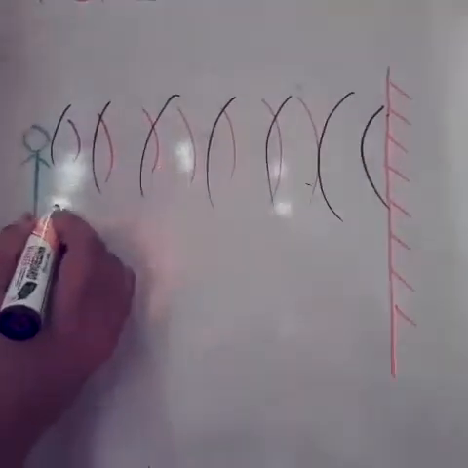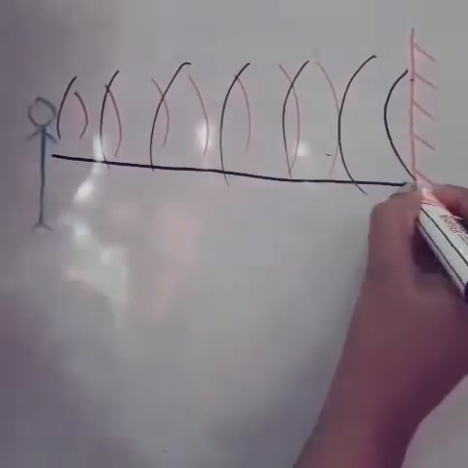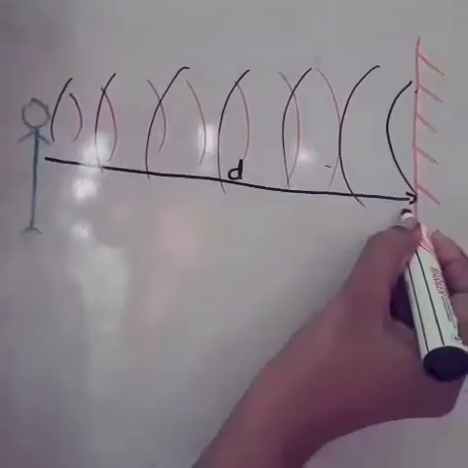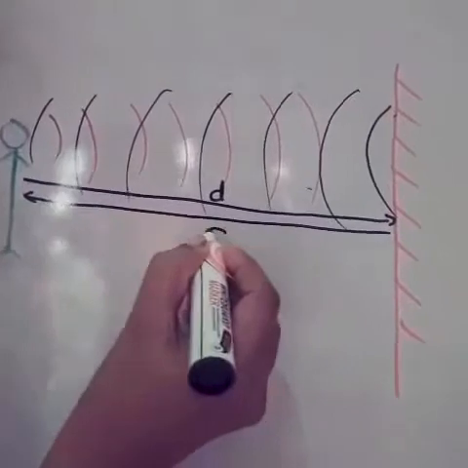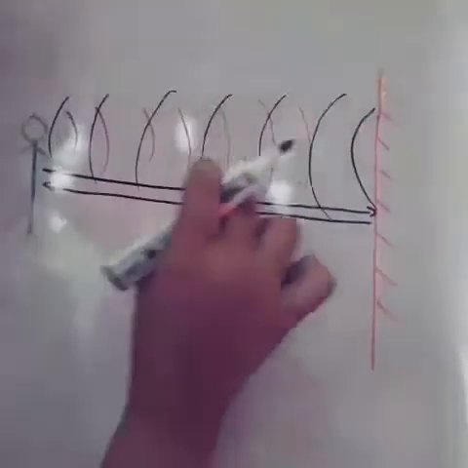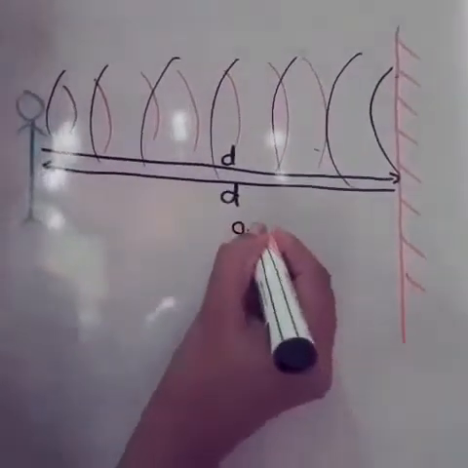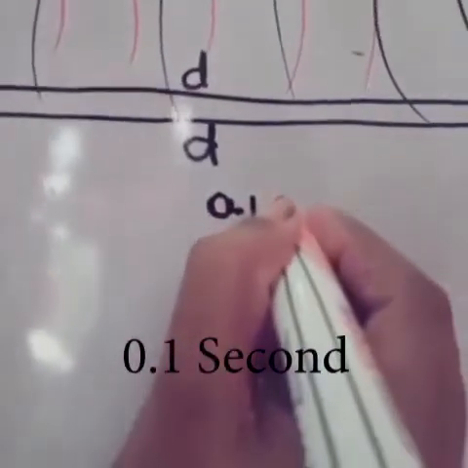So sound ray should go from the source to the obstacle, that means this distance, and it should come back to the listener's ear, passing the same distance again. To pass this total distance, it should take 0.1 second.